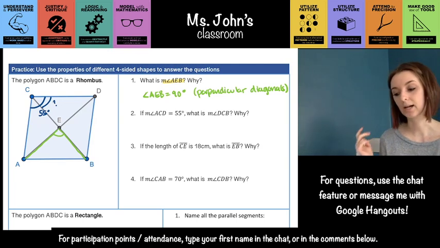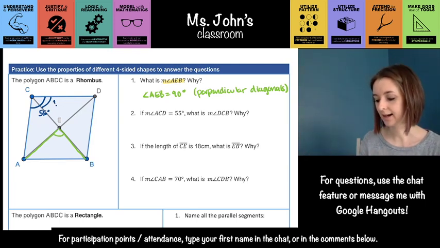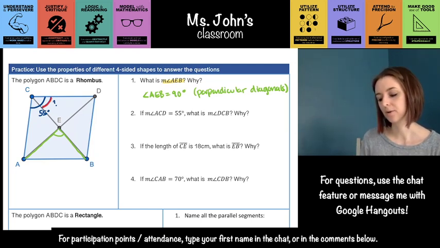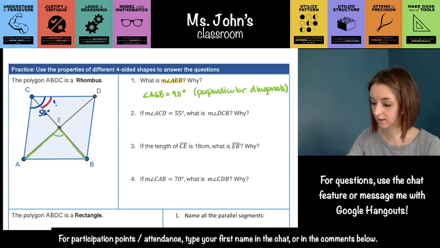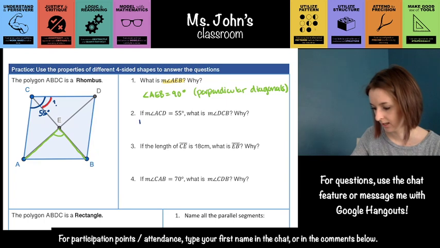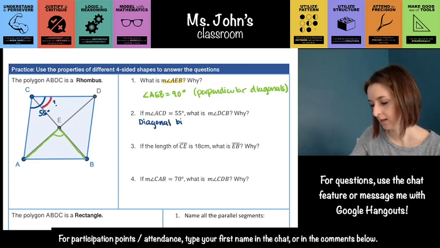So anyway, all that is to say that the angle it's looking for, this angle right here, is half of the angle they gave us. We're going to say the reason is the diagonal bisects the angle.